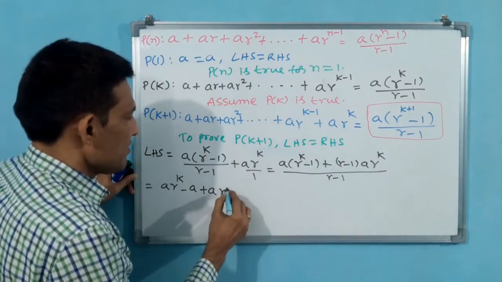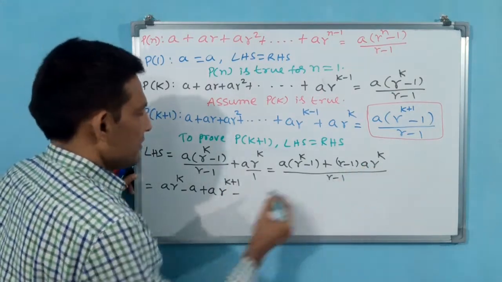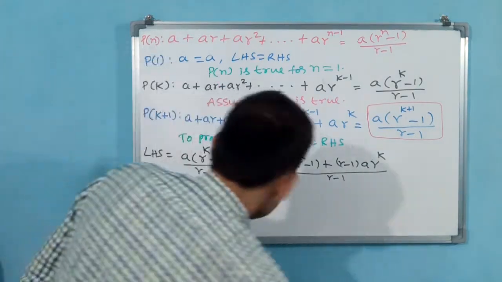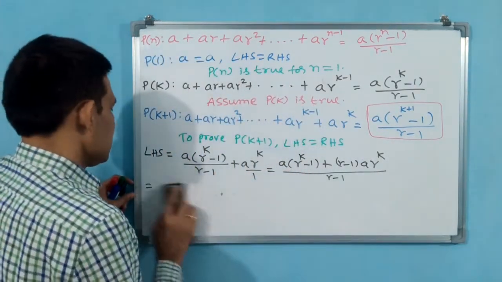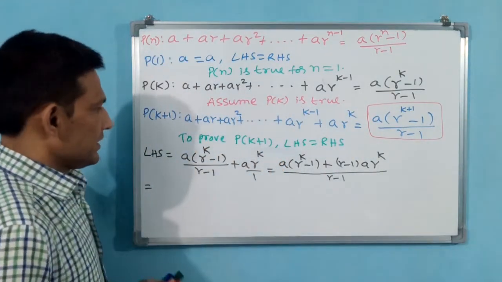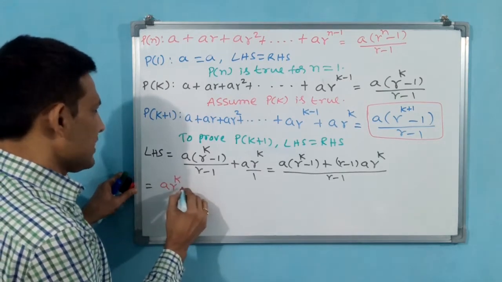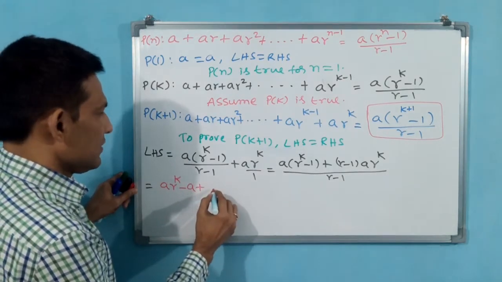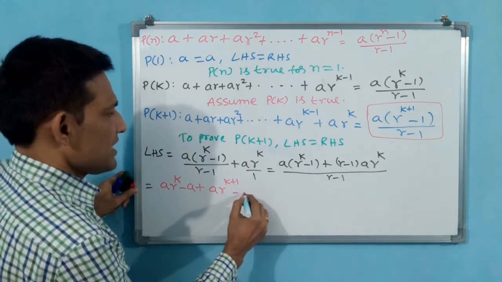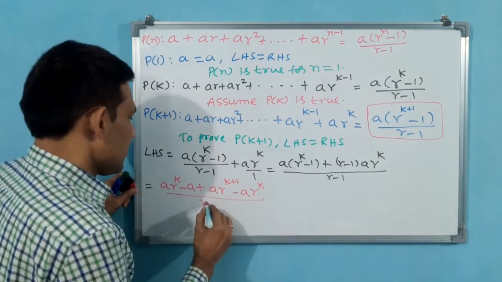You write down A into R power k plus 1 minus A into R power k. We write this with a different color, red. Again I am writing: A into R power k minus A plus A into R power k plus 1 minus A into R power k divided by R minus 1.